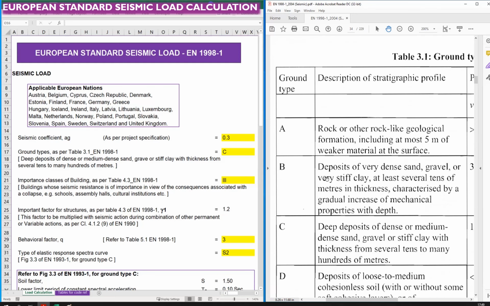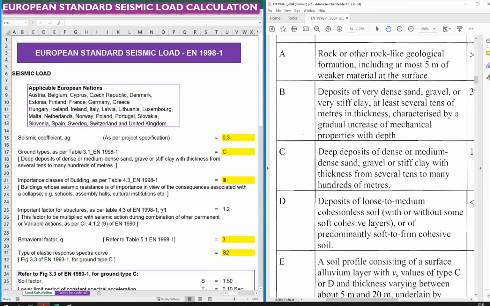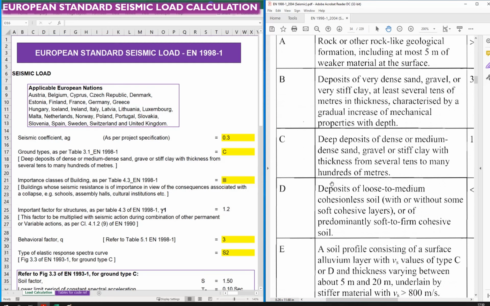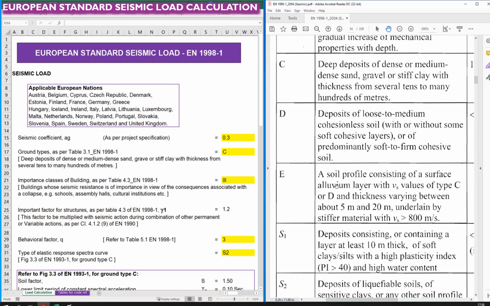Next, ground type B states deposits of very dense sand, gravel or very stiff clay at least several tens of meters in thickness, characterized by a gradual increase of mechanical properties with depth, and C ground type states deep deposits of dense or medium dense sand, gravel or stiff clay with thickness from several tens to many hundreds of meters. D means deposits of loose to medium cohesionless soil.